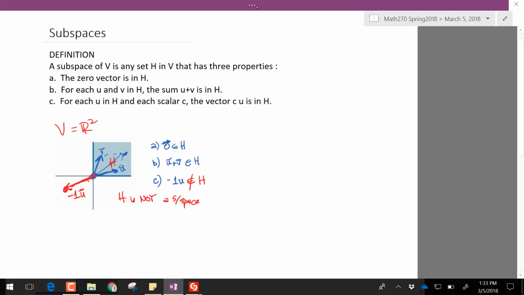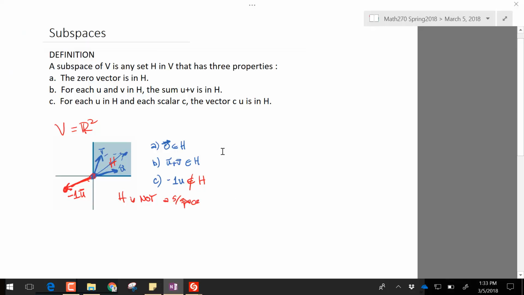So seeing it in a vector space that we're familiar with is pretty easy, especially if it's like R2, maybe even R3. Okay?